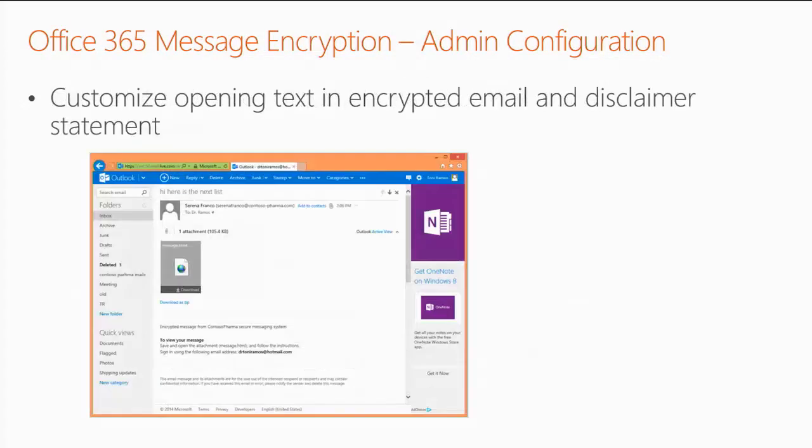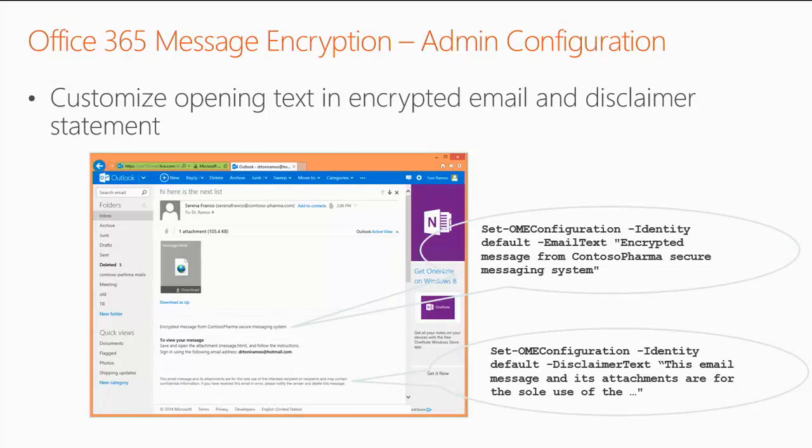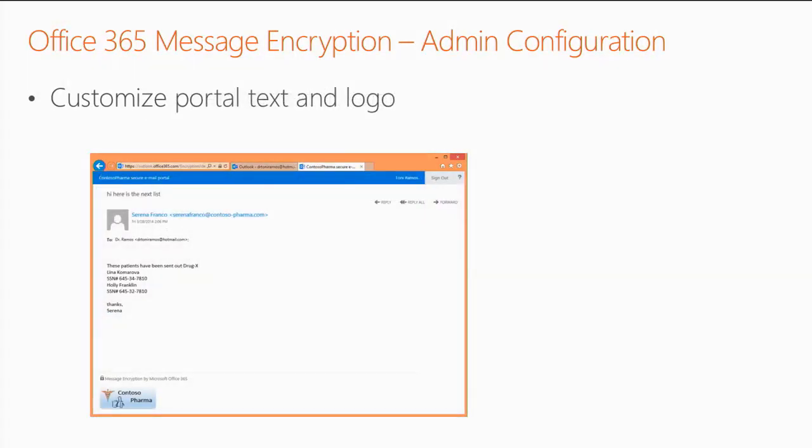So next we'll talk about the customization on the opening text and the HTML. This is also configurable. You can use a set OME configuration commandlet to do this. And again, this will also enable you to show your branding information more prominently in the emails that you send out. Similarly, here is the actual portal text.